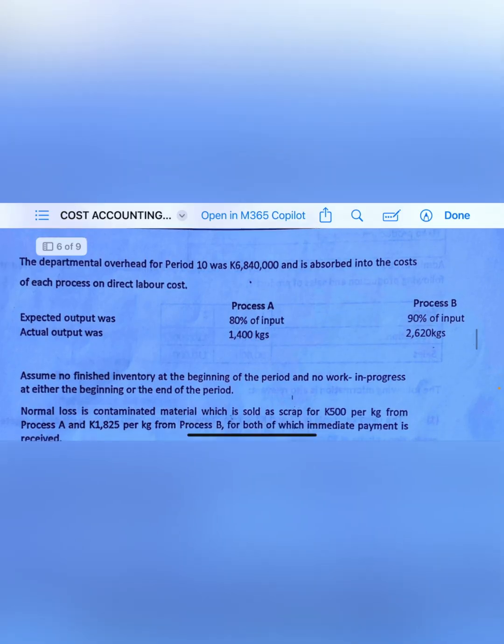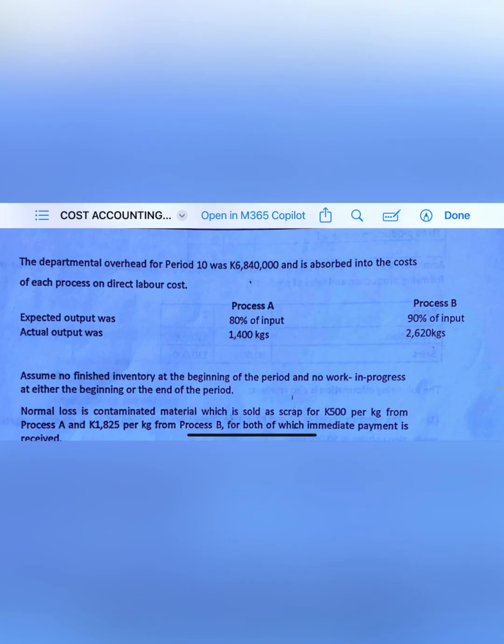So down here they are saying the expected output for process A is 80% of the input. Then the actual output for process A is 1,400 kgs. So when you look at this statement that's saying expected output was 80% of the input, this is simply telling you that they are allowing you a 20% normal loss.